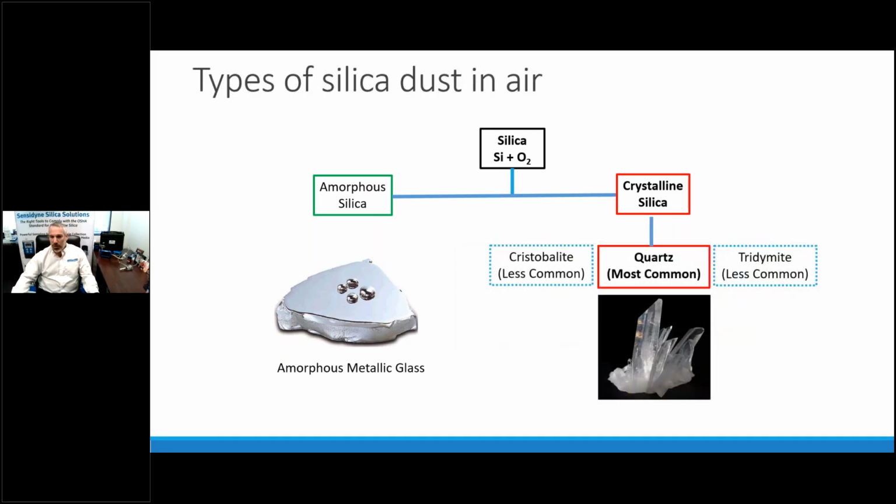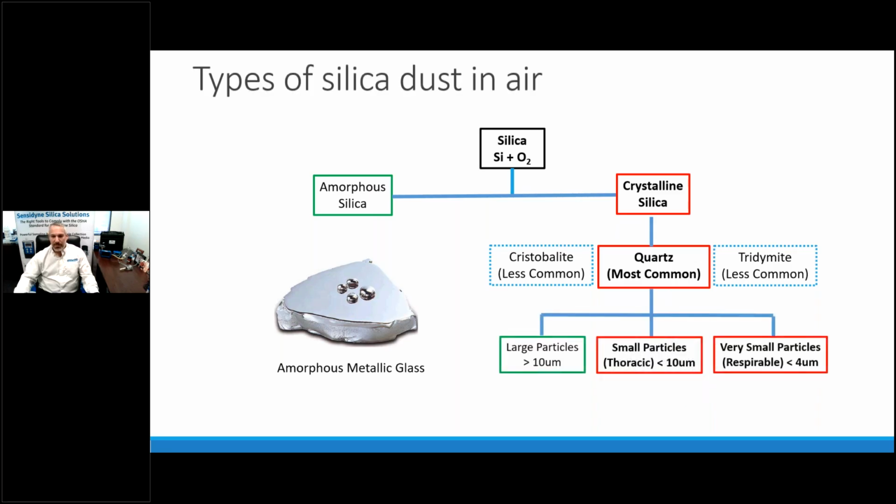I mentioned earlier that quartz is the most common form of crystalline silica, with cristobalite and tridymite being less common. But even within the realm of crystalline silica, we want to think about it in terms of hazards. Hazards are discernible by their particle size.